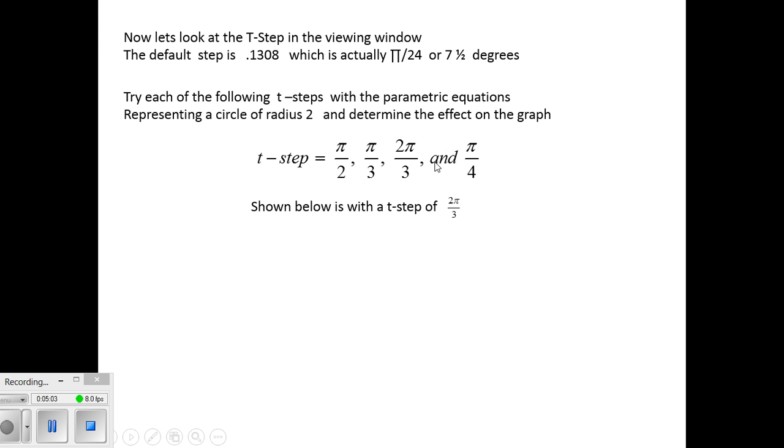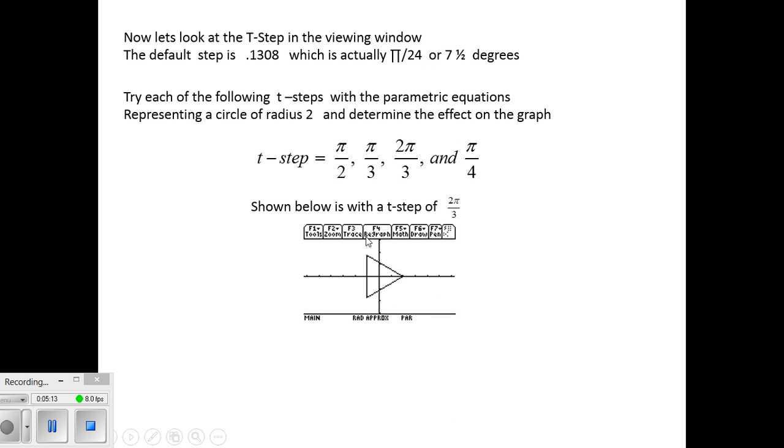If you alter that, then you can graph more polygons of sorts, and that's done with the t-step. So my suggestion is that we explore what happens when we change this t-step. This illustrates a t-step of 2 pi over 3, which means we're plotting points every 120 degrees.